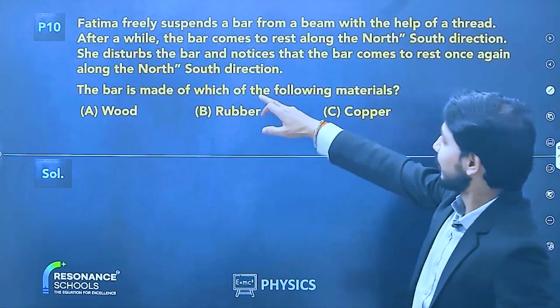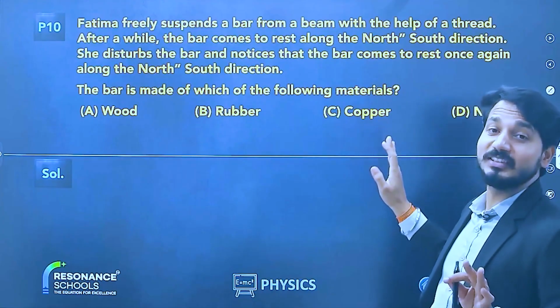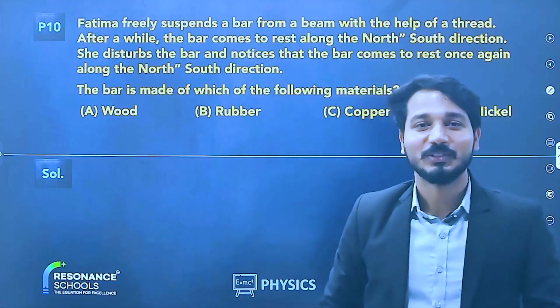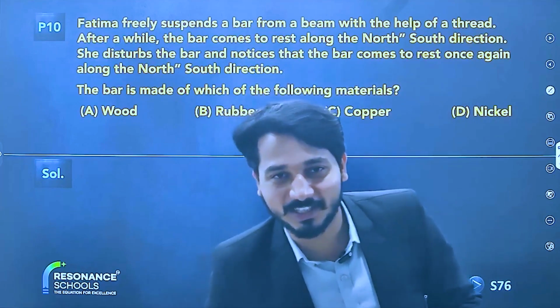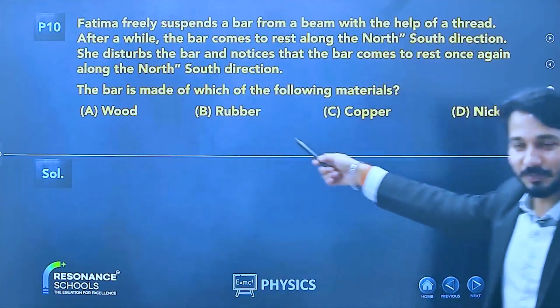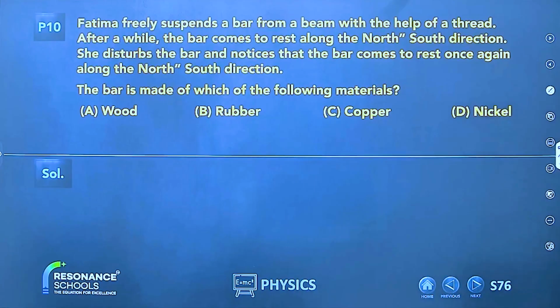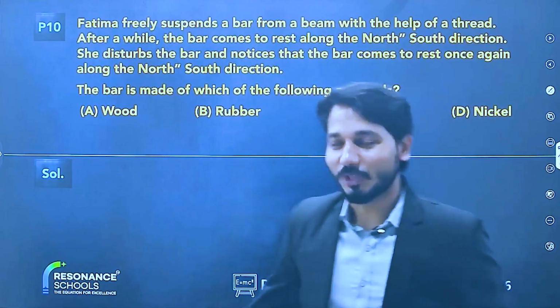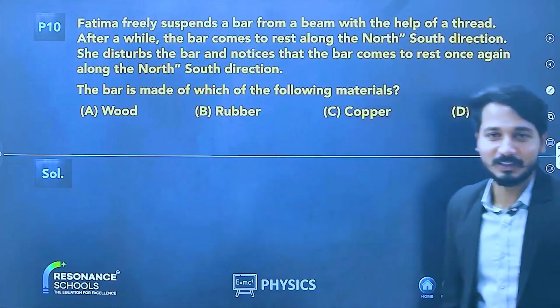Now she disturbs the bar and notices that the bar comes to rest once again along the north-south direction. So the bar is made of which of the following materials? Wood, rubber, copper or nickel? It's very easy. Out of 4, which one is a magnetic material?